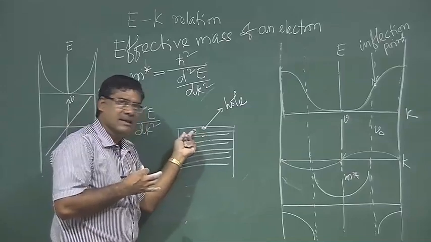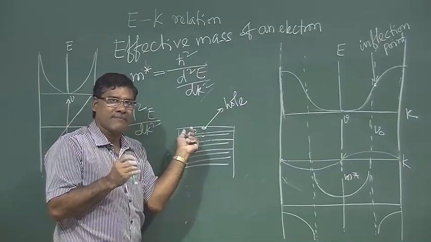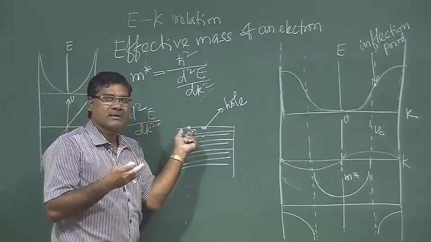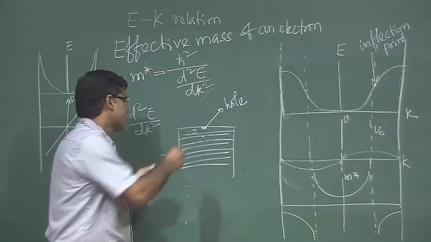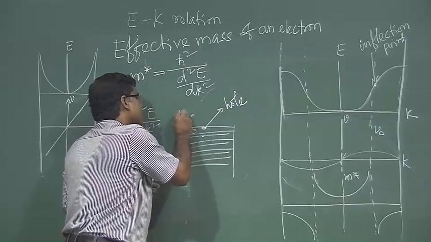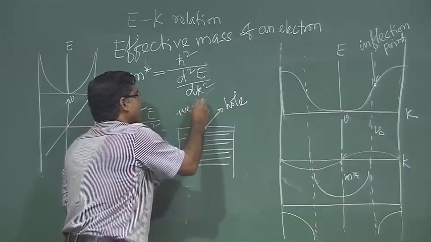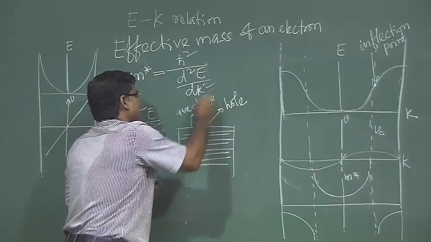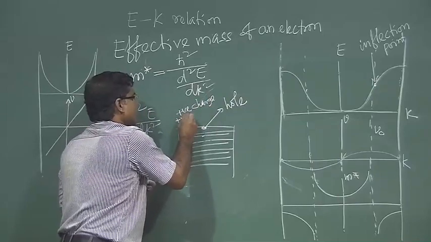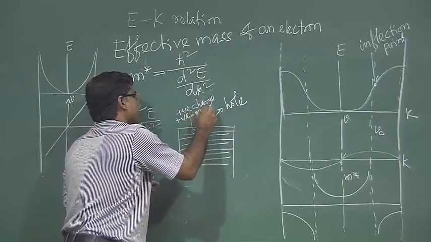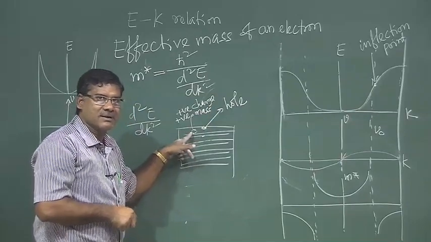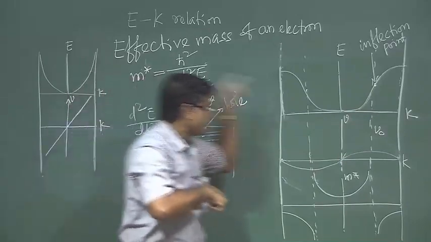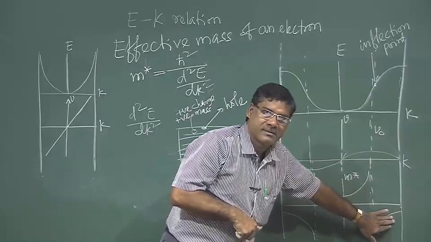So, this is nothing but the hole. The absence of an electron acts as a hole, that is positive charge and positive mass.